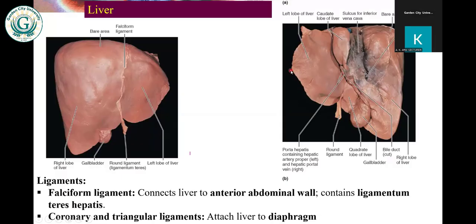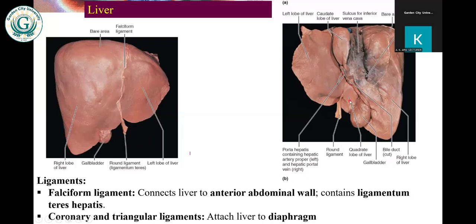Now you can see that the gallbladder lies at the visceral surface of the liver. On the side of the gallbladder, there's a lobe of the liver that we call the quadrate lobe. You can see it's four-sided.